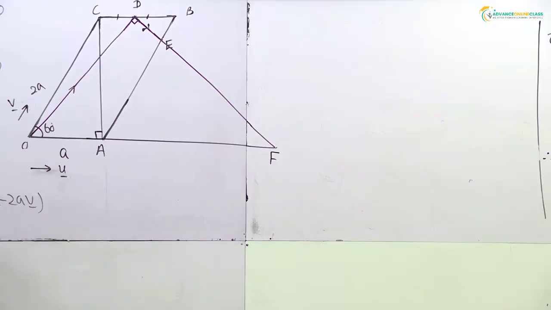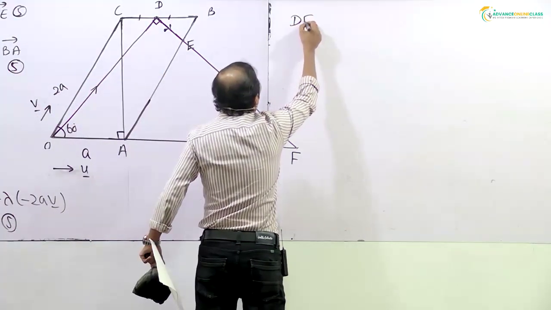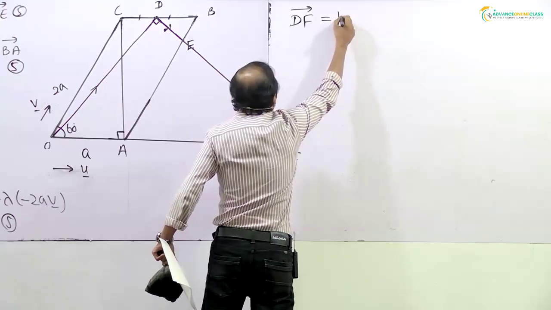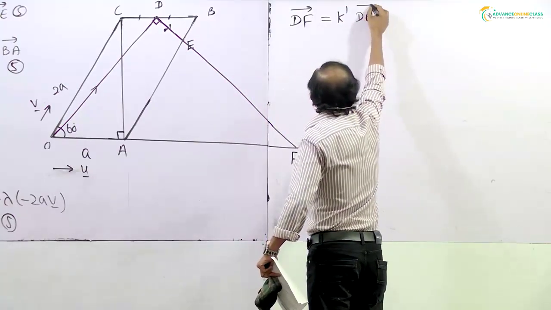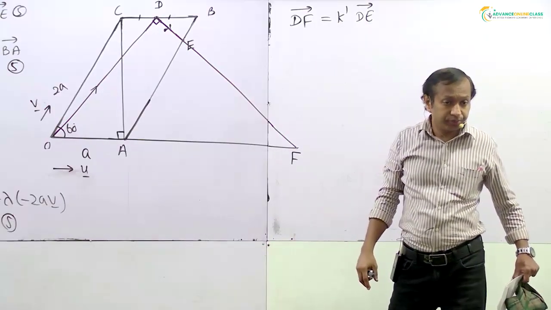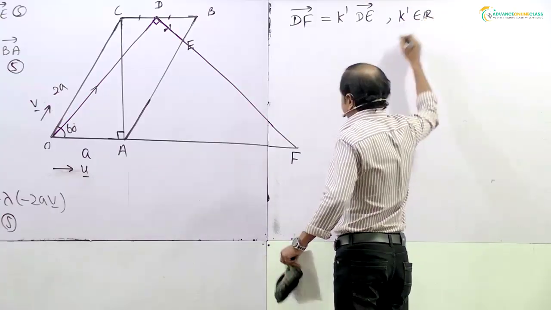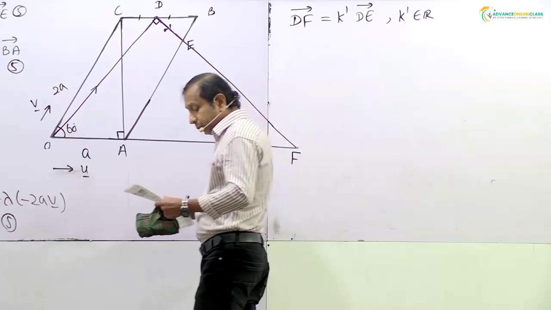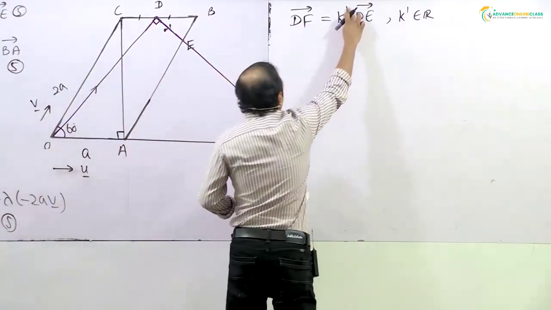All right. DF, I can write K dash times DE. Am I correct? What is K dash? A real number. Yes, K dash is a real number. I'll take K.